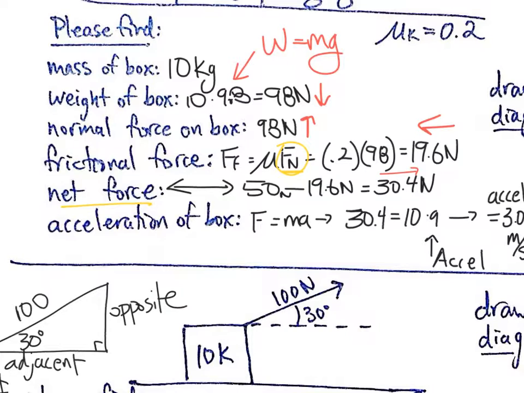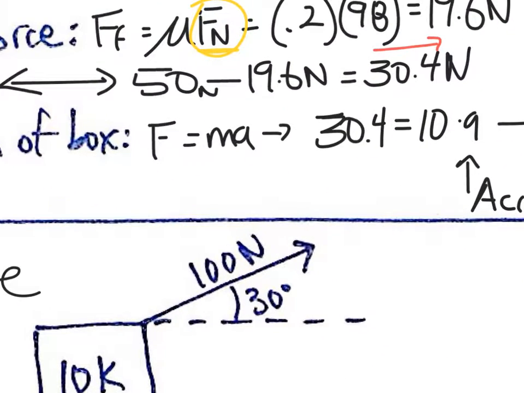And lastly, to find how quickly the box accelerates, we're using F equals ma, where the F in F equals ma is the net force. That's what actually ends up going towards accelerating the box, and so we have a 30.4.